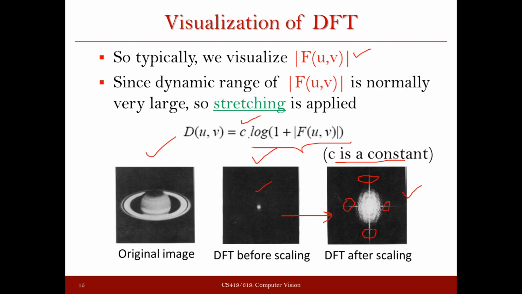So by suitably choosing C, you can get better and better visualization of your Fourier spectrum. And as I explained in the last class, we add this one so that when the magnitude of F(u,v) is 0, the function is still defined. Just to handle that case, you have one here.